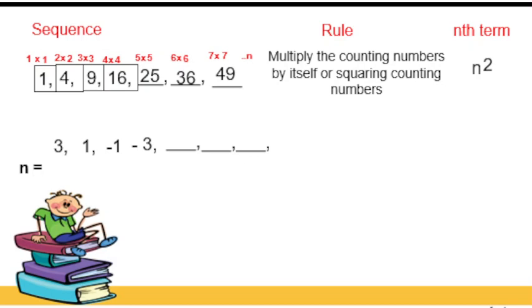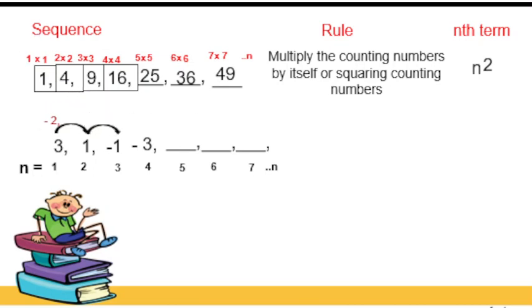Okay, now let's get the position first of each digit. It stands for n. So this is 1, 2, 3, 4, and the positions of the unknown are 5, 6, and 7. Since we are looking for the nth term or the nth rule, get the difference. 1 minus 3 is negative 2.